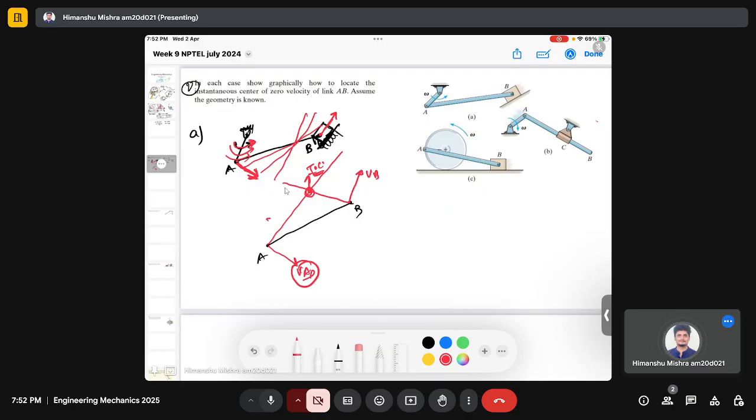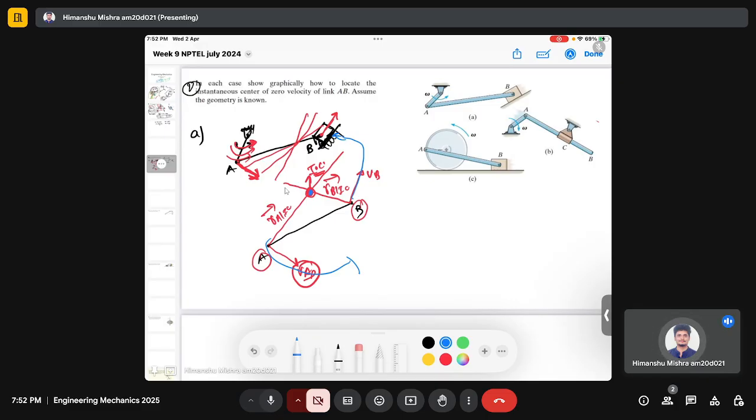So this is RAIC and this is RBIC. With this instantaneous center, both points A and B exhibit rotational motion. You can visualize this as my fixed point, which is my instantaneous center, and about it A and B are exhibiting rotational motion.